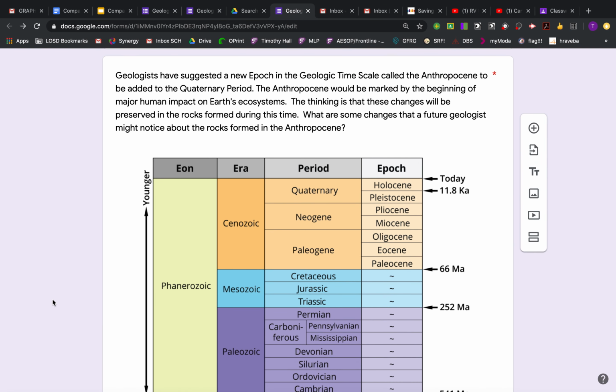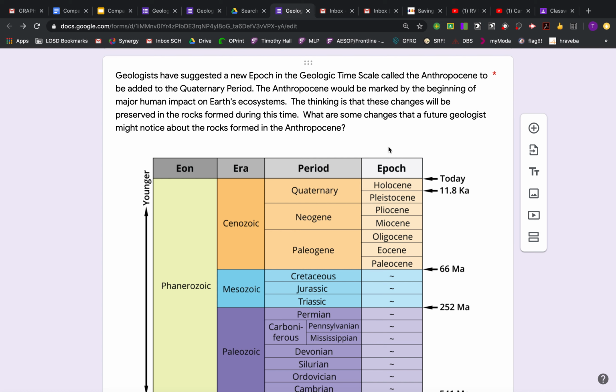Oh, yes. Right. This is a fun little concept that we have created ourselves a new geologic time division that we need to add to the geologic time scale. And that would be plopped in right here in the epochs. And that would be called the Anthropocene. So we're definitely making a heck of an impact on the planet.